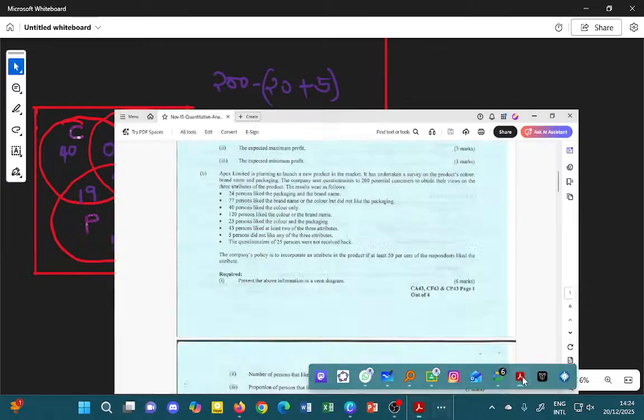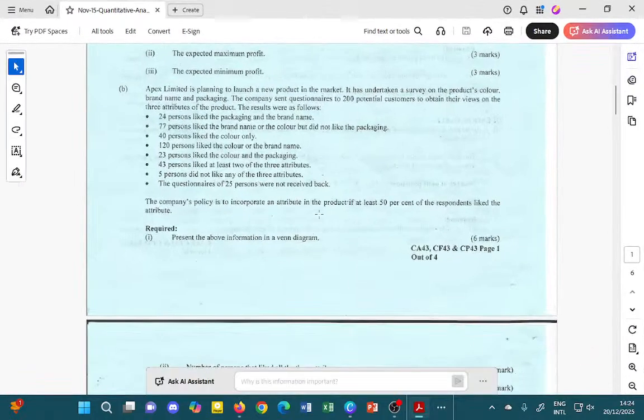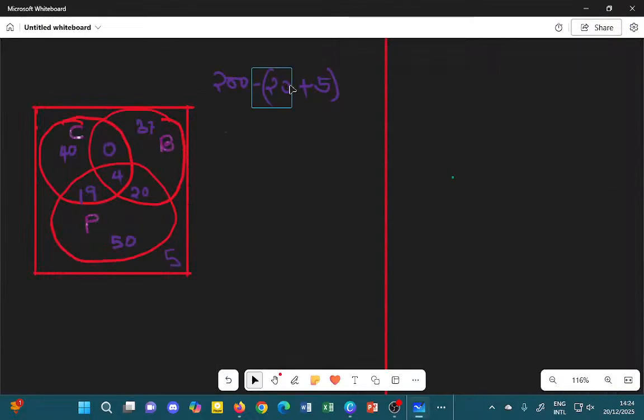The questionnaires of 25 persons were not returned. So that is 25. So what I have here is 200 minus 25 plus 5, leaving us with 170 respondents.